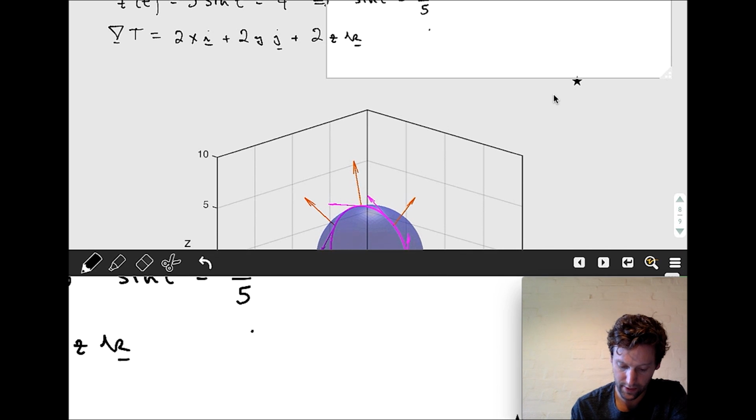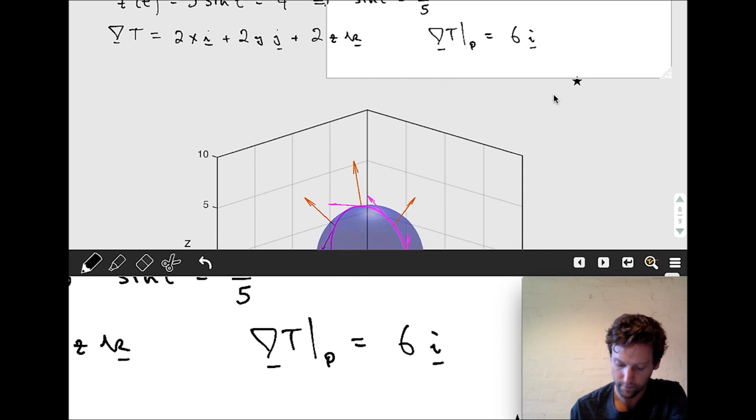So the gradient of T at the point P will be 2 times 3, plus 2 times 0, plus 2 times 4.